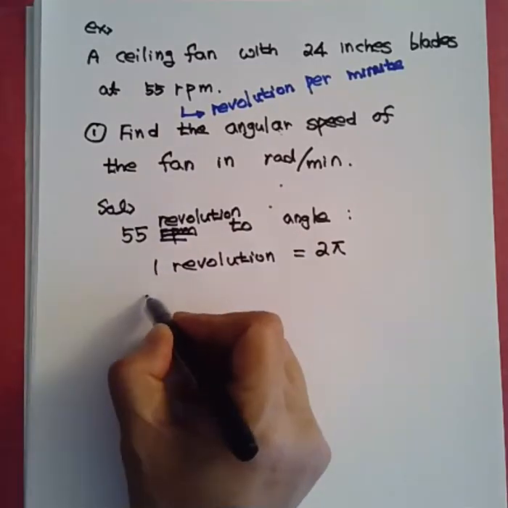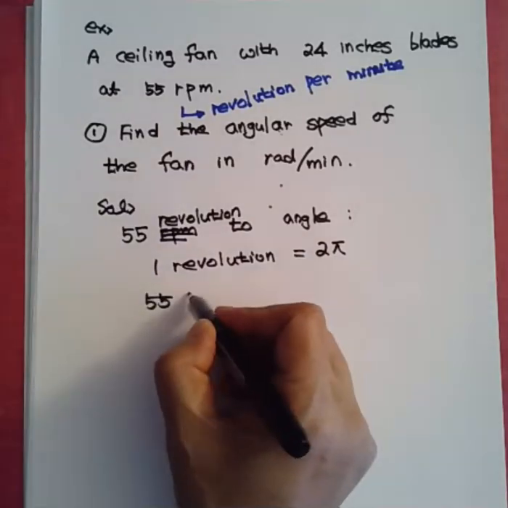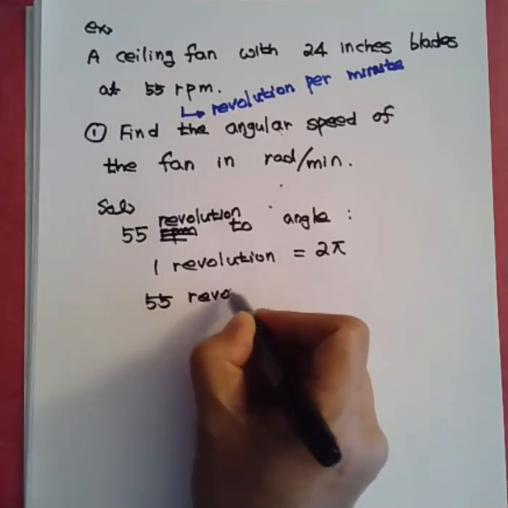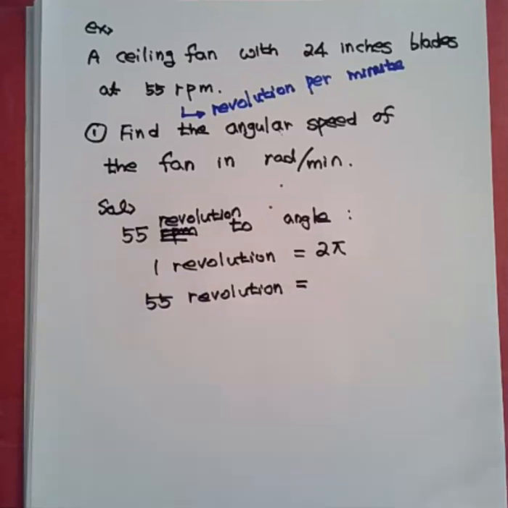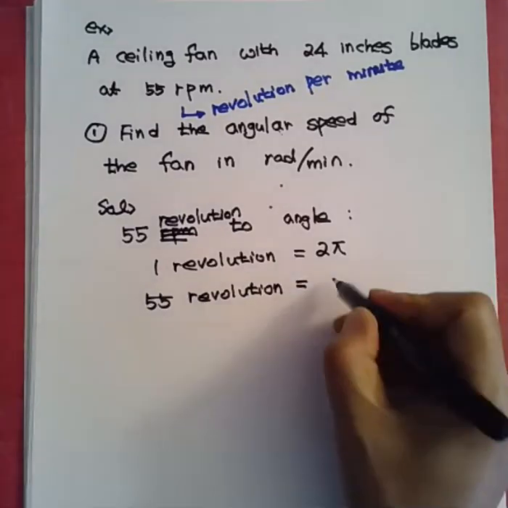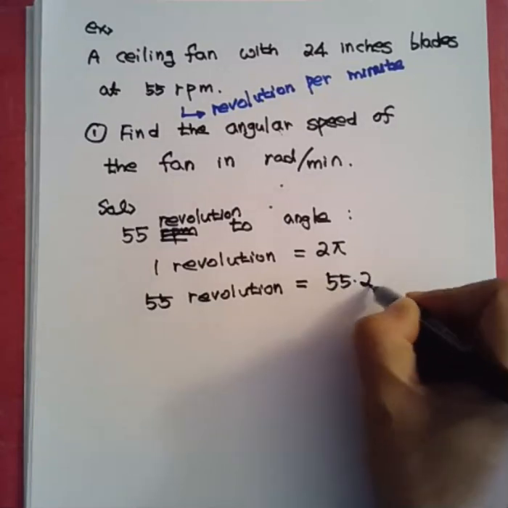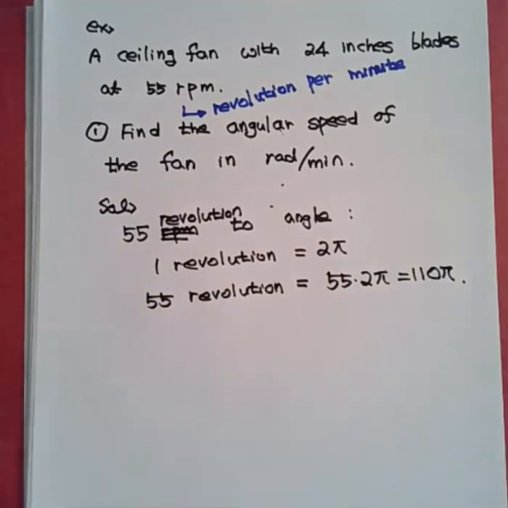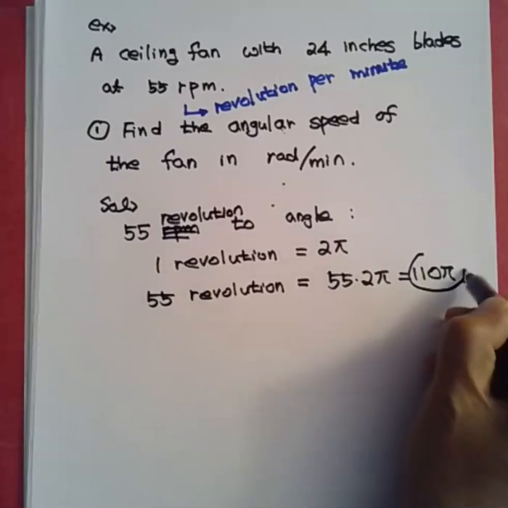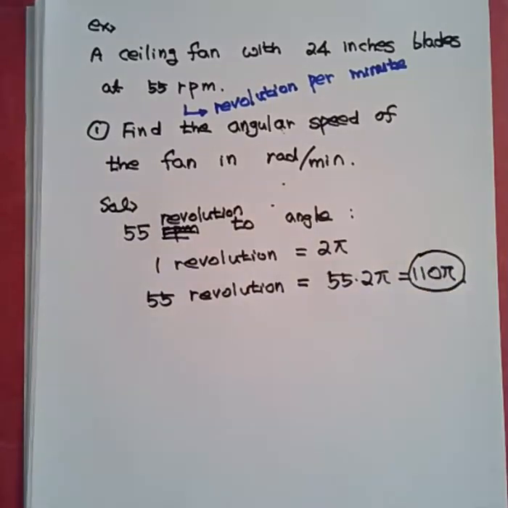We are thinking about 55 revolutions. 55 revolutions is 55 times 2 pi, which is 110 pi. So this gives us the amount of angle that is spent in a minute.